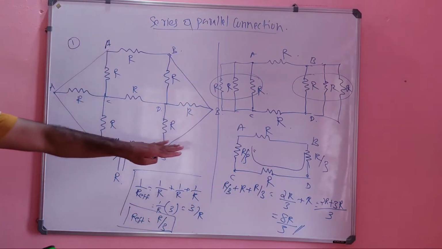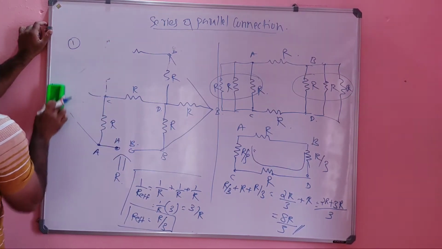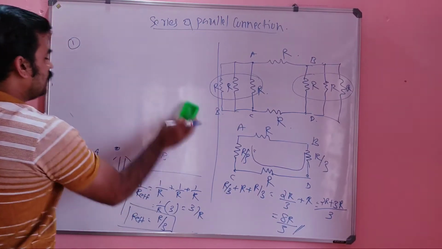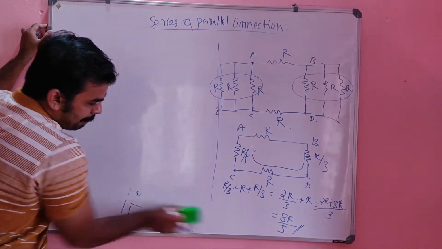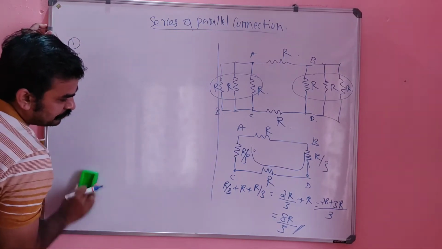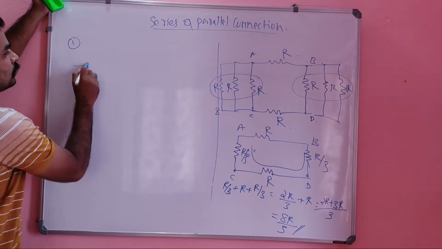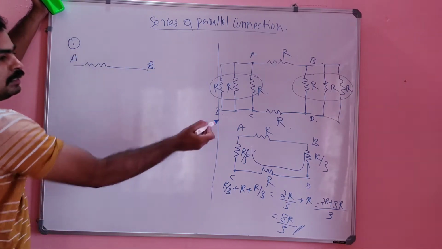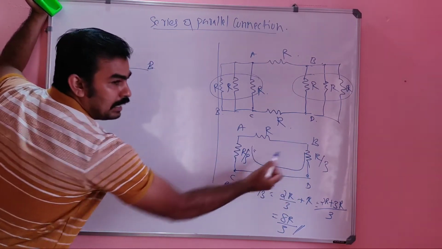So our circuit will be again reduced to, see, A and B, as such A and B, it is R, and what is the effective value from here to here?